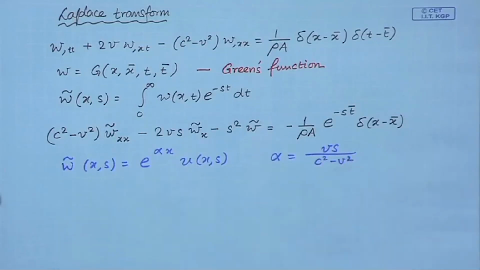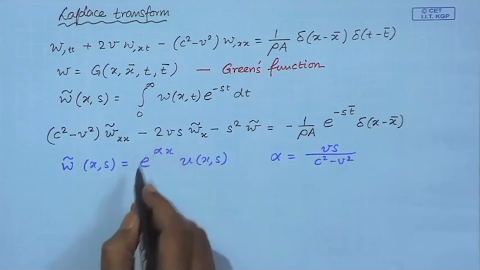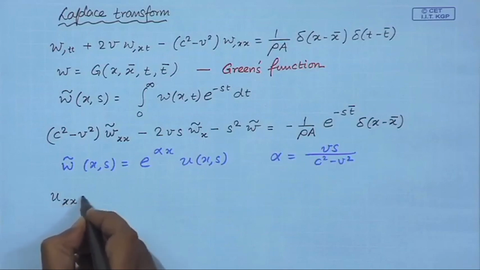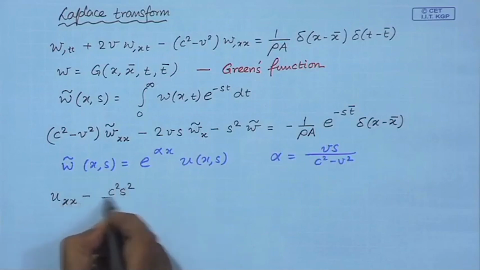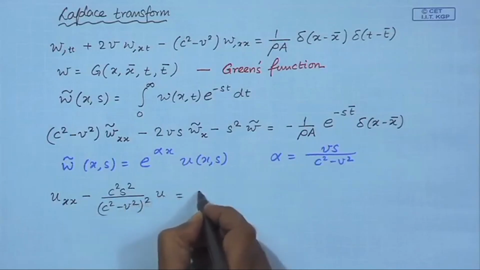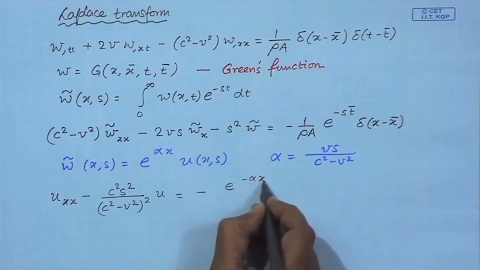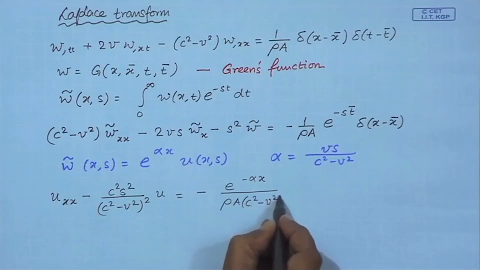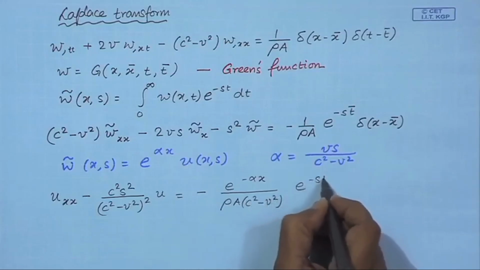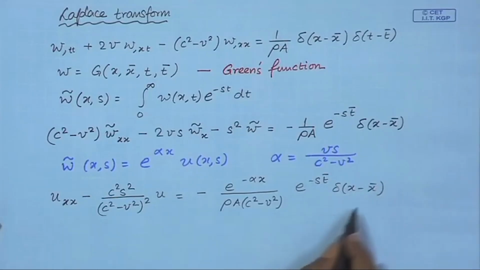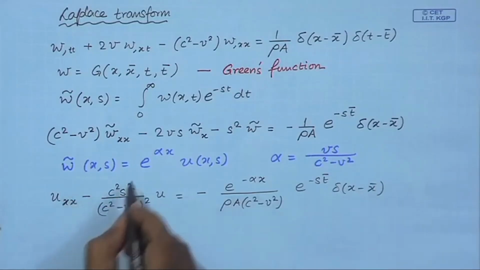If you use this transformation in this equation, then this equation simplifies to the following, with the boundary conditions, which are again obtained from here.